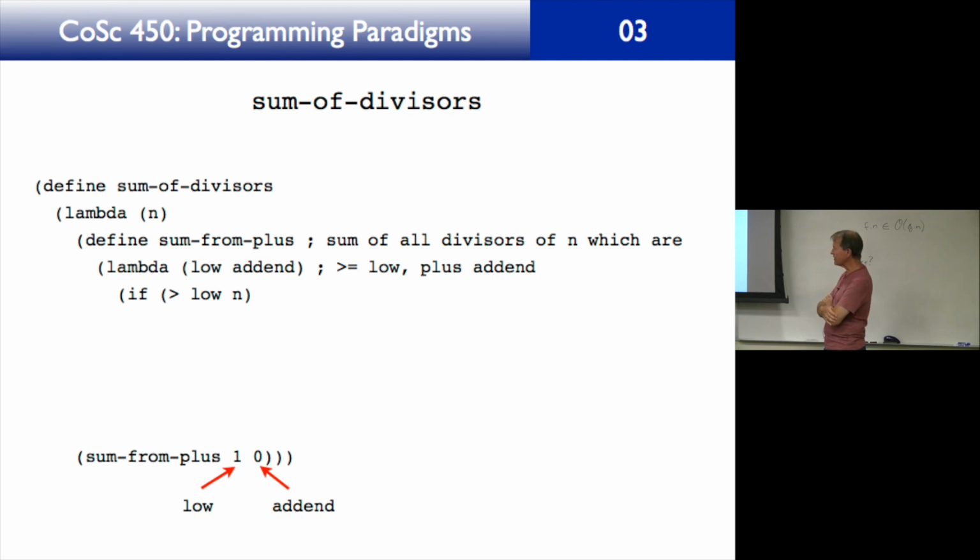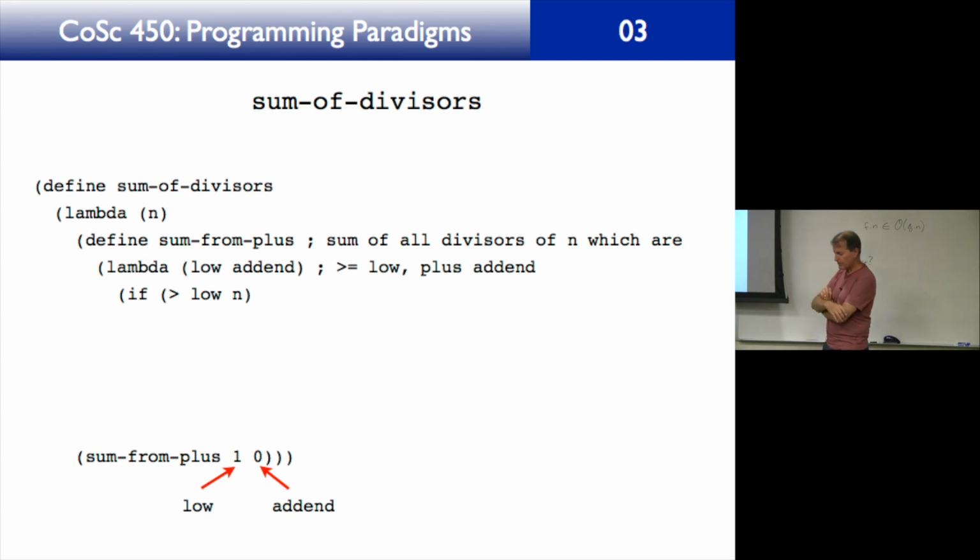I think we need an if here because we have to check to see if it divides. But we are returning something, right? Because look, what does sum from plus return? The sum of all the divisors which are greater than or equal to low plus addend.